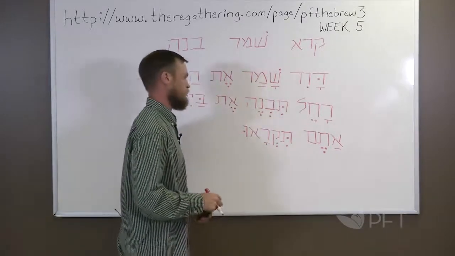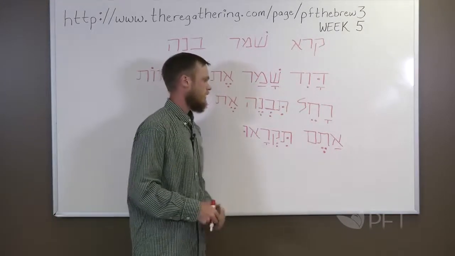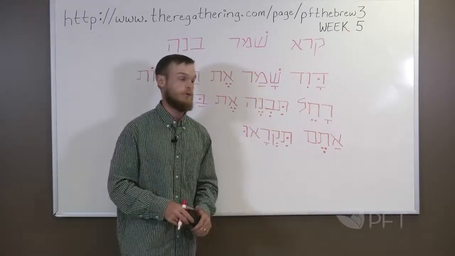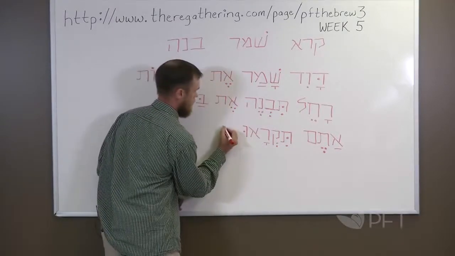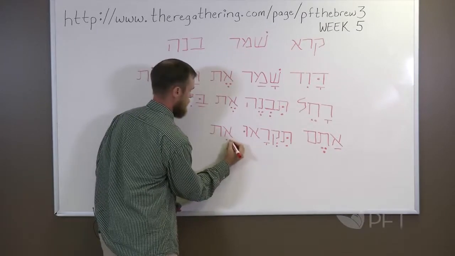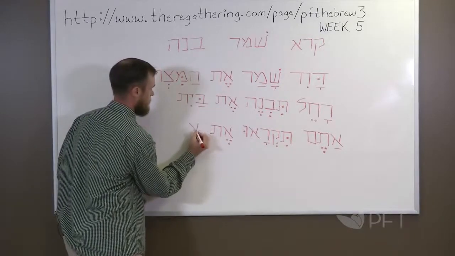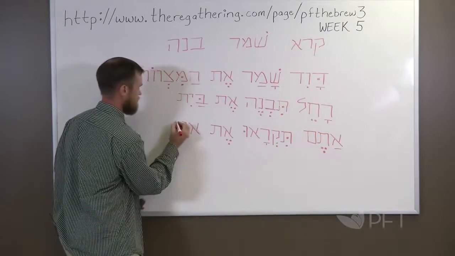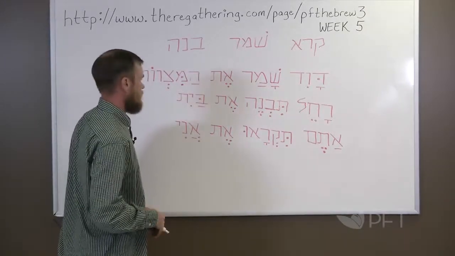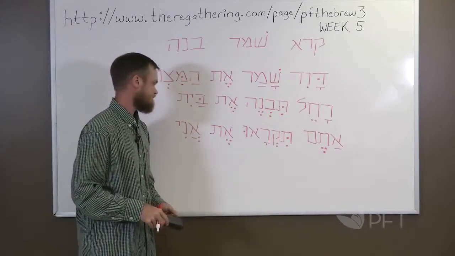We come up with tikra'u. Atem tikra'u. You will call. Who will they call? You will call me is what I'm shooting for. Me is the object, so we precede it with et. And now our object, ani, or anochi. Atem tikra'u et ani. You will call me.